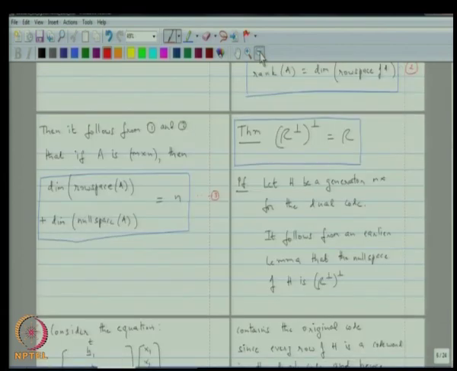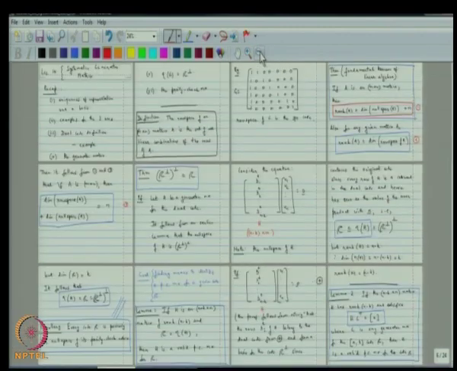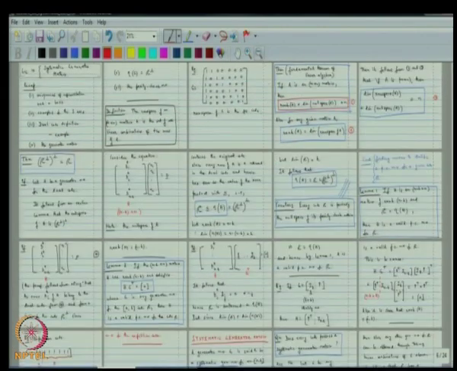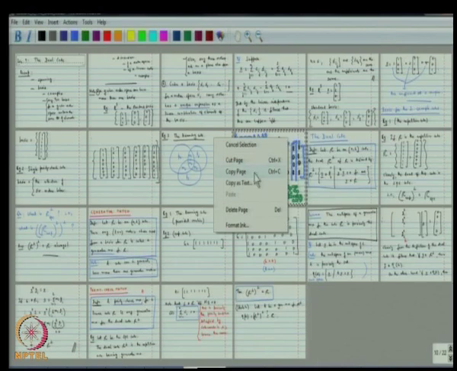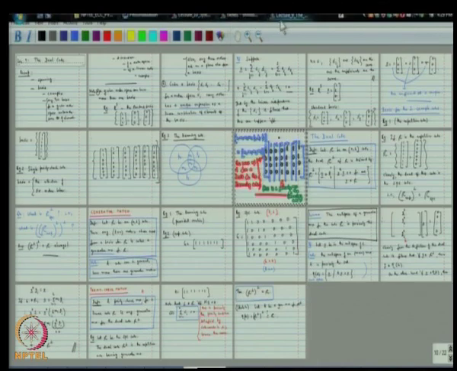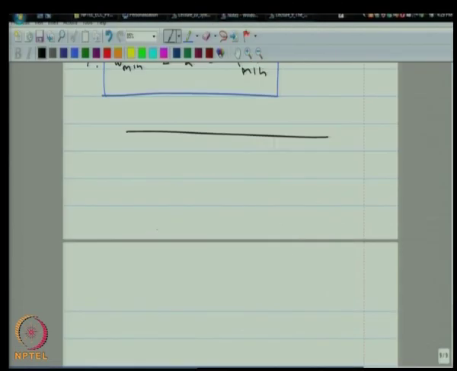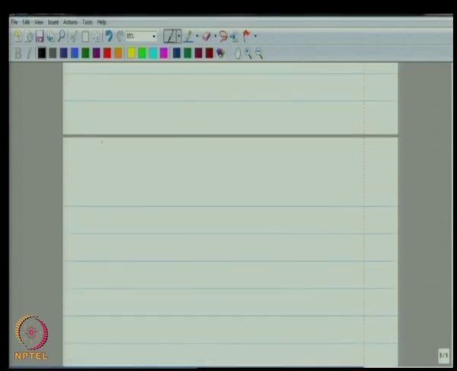It is either in this lecture or the one before that. Here it is. I am now going to select the page and copy it so that we can use it in our current lecture. So, let us put that down here.